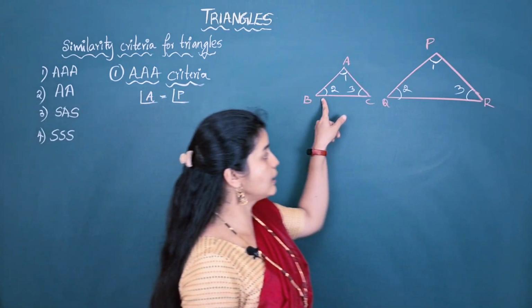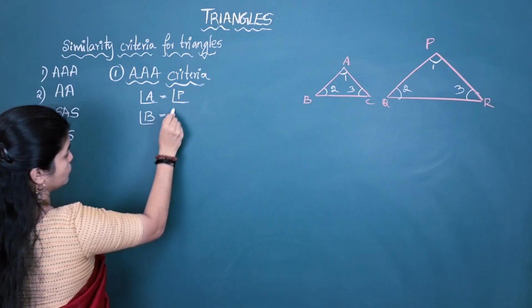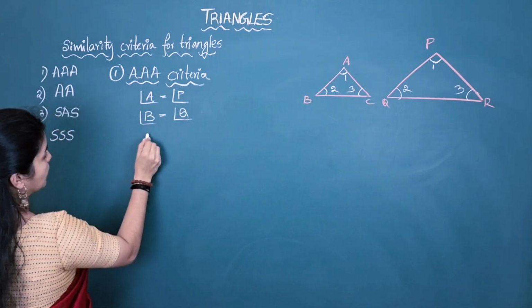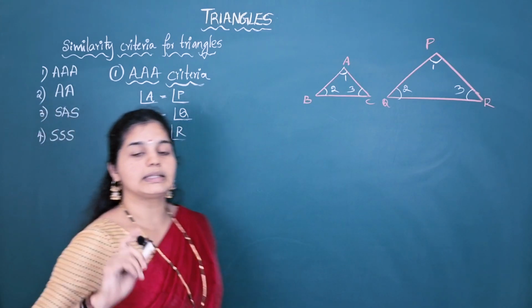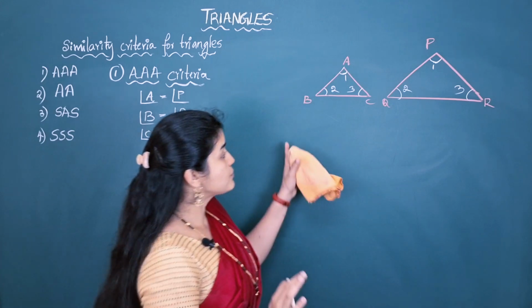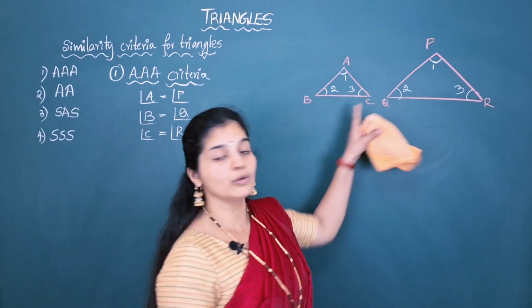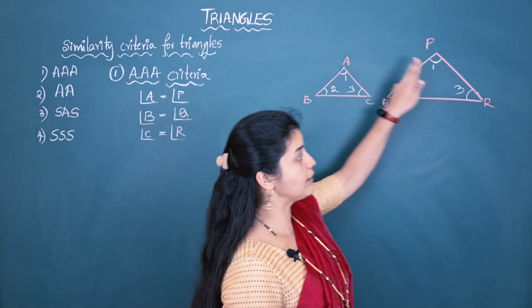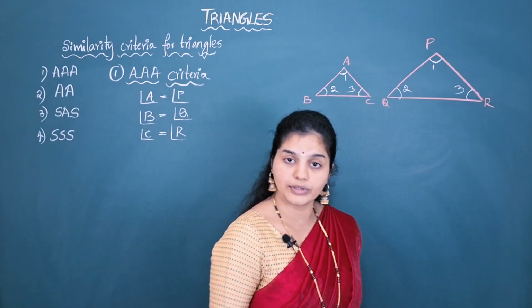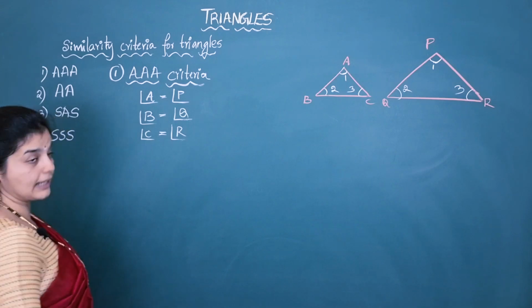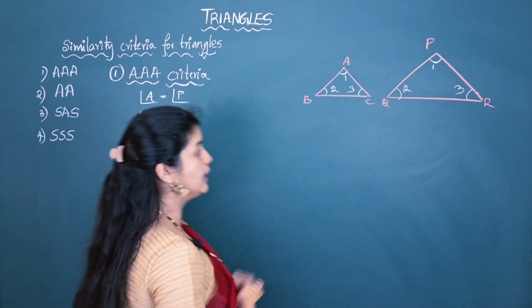Angle 2 and angle 2 should be equal, that is angle B is equal to angle Q, and the third angle C and in the other triangle angle R. All the 3 angles of the 2 triangles, if they are equal, that is angle 1, angle 2 and angle 3 in both the triangles, then these two triangles are similar according to AAA criteria.